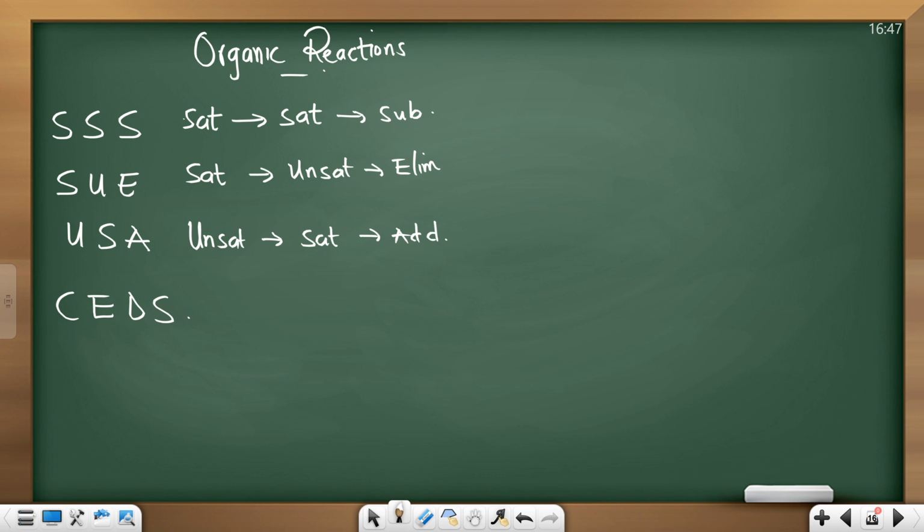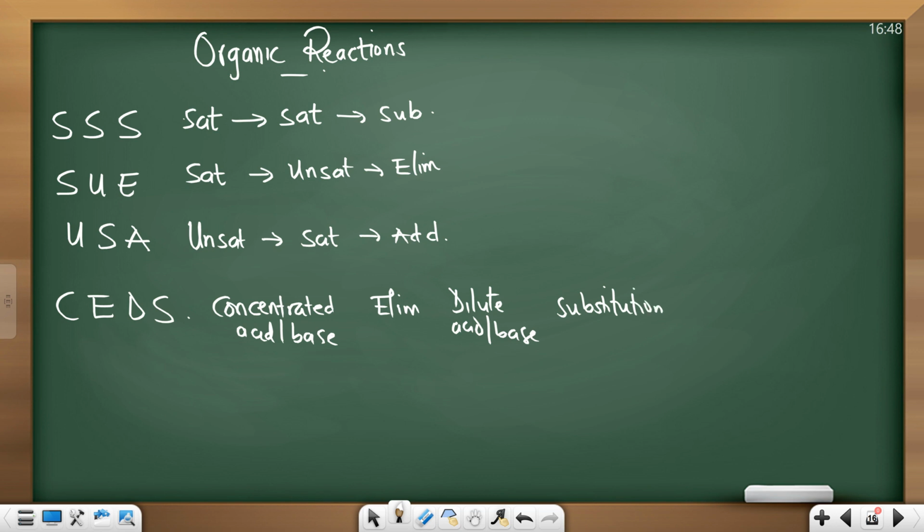And then my last one simply says, anytime I use a concentrated acid or base, the E stands for elimination. And D stands for if I use a dilute acid or base, I am simply talking about what?